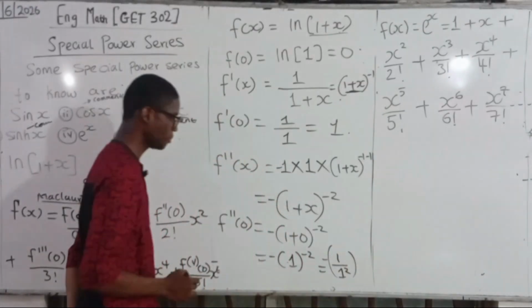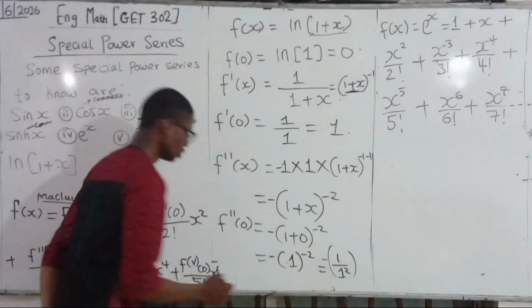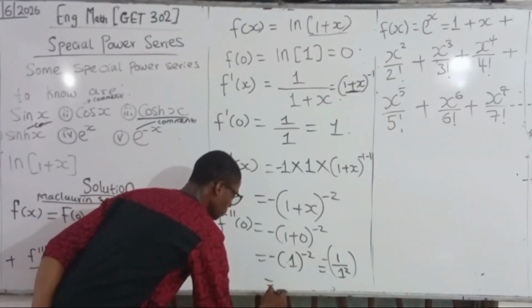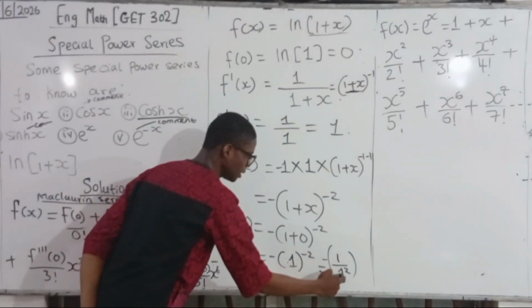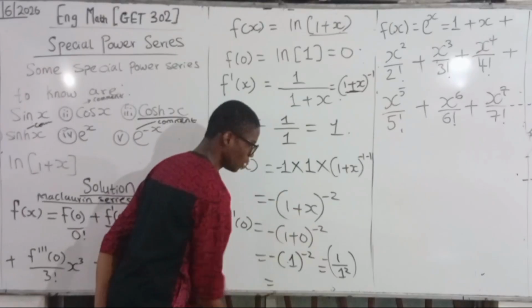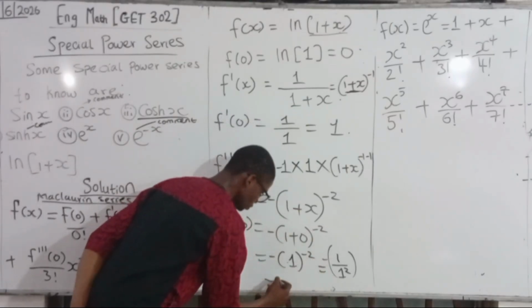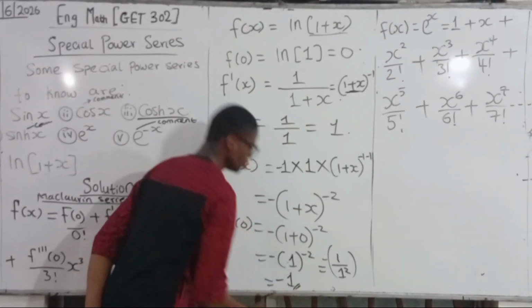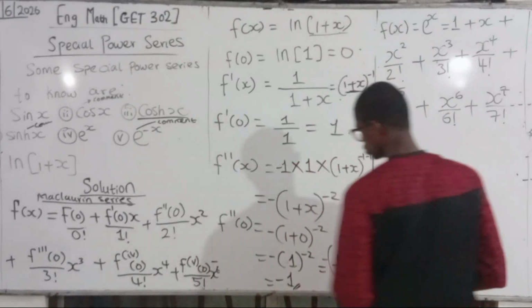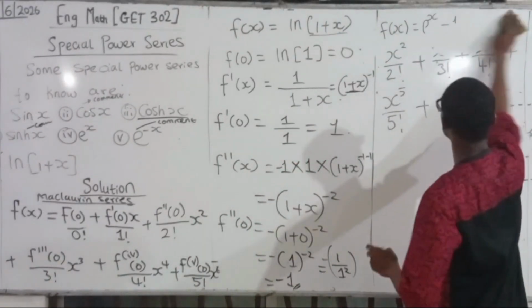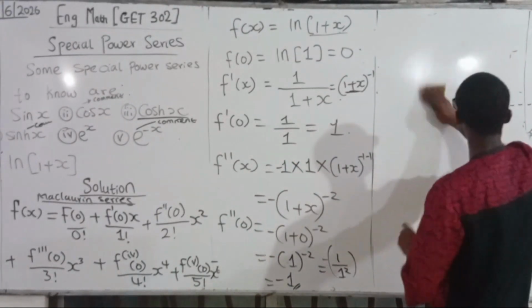Everything is multiplied by minus 1. 1 divided by 1 raised to 2 is still 1. Then multiplied by this minus, you have minus 1. So everything ends up with minus 1.